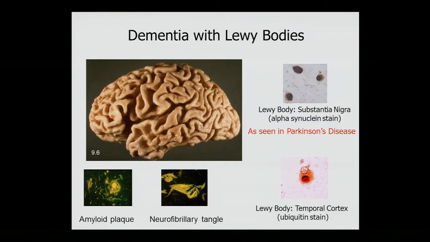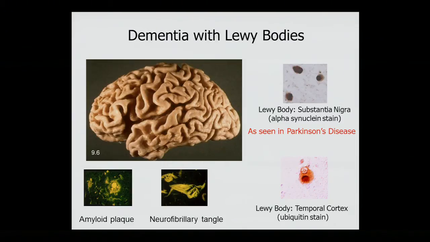Turning to dementia with Lewy bodies, it's similar to Alzheimer's disease, and in fact, most cases of dementia with Lewy bodies have the plaque and tangle pathology in addition to a different pathology. The different pathology is usually associated with Parkinson's disease. In Parkinson's disease, we see atrophy in cortical regions, but also in subcortical regions.